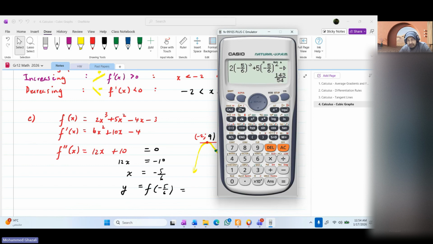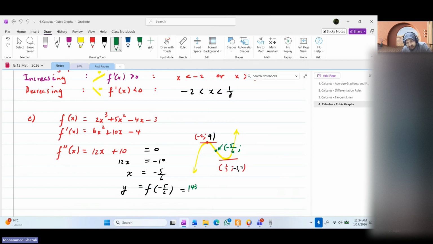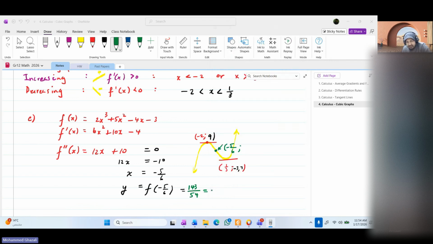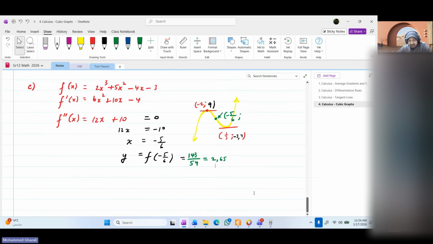Right, so I'm getting 143 over 54, which is approximately equal to 2.65. Right, so my inflection point is negative 5 over 6 and 143 over 54.